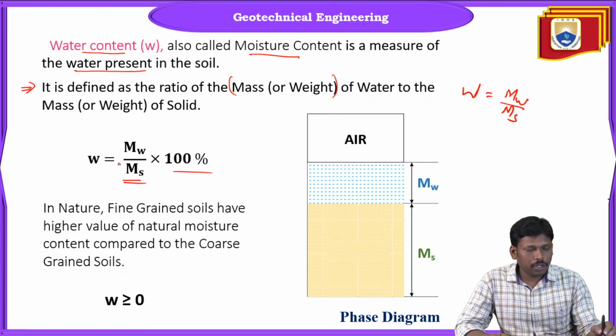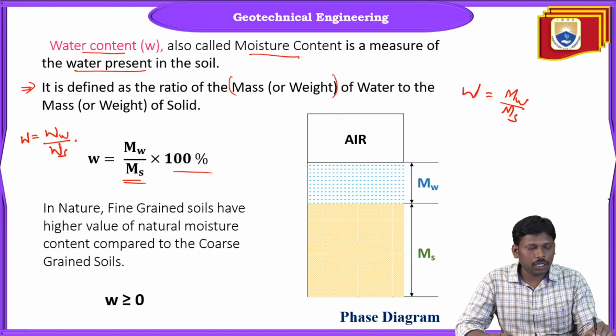In case you want to express this in terms of weight, it becomes weight of water to the weight of soil, again in terms of percentage. So this is in terms of mass and in terms of weight.